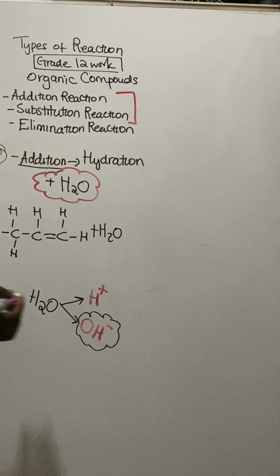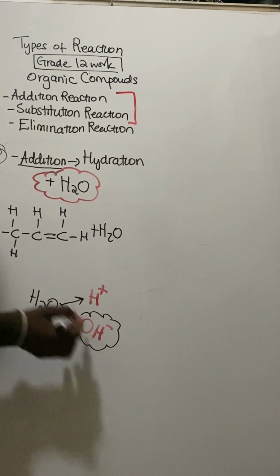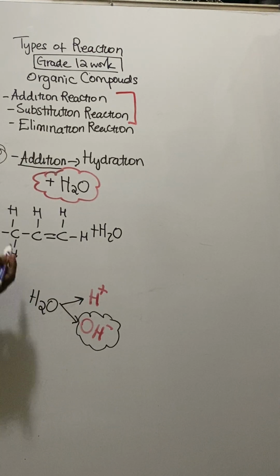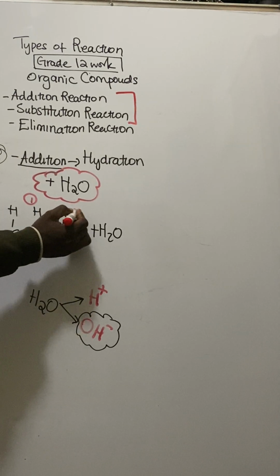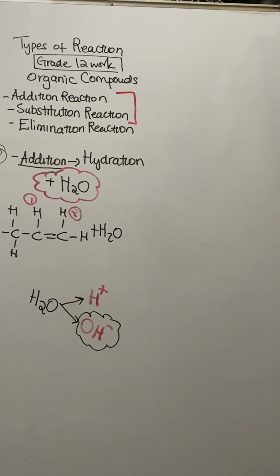What is going to happen? He said this OH will go to the carbon, between these two, that has the least number of carbon atoms. How many carbon atoms does this carbon have? It only has one. This one has one carbon atom, while this one has two carbon atoms.